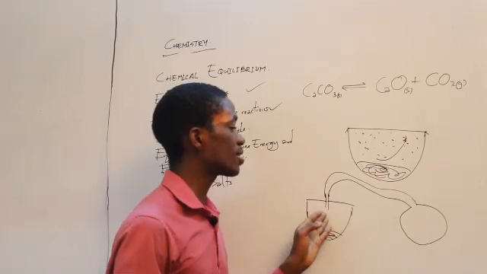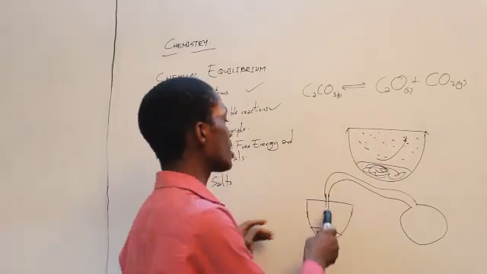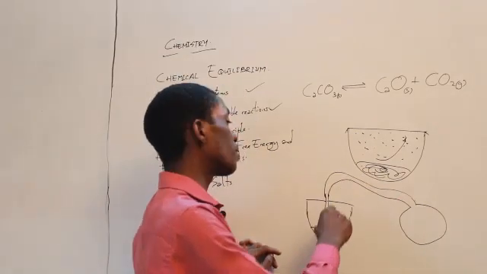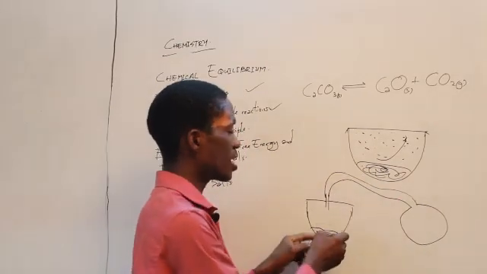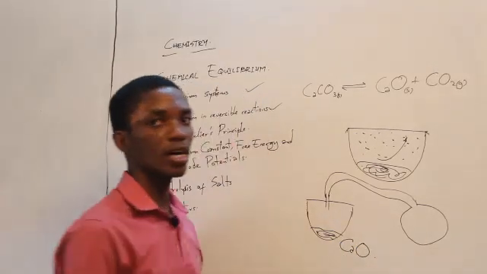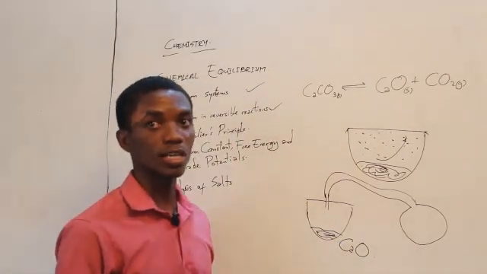But in this particular system, which is an open system, the gas is escaping out of the components. So the product that will be left here would be calcium oxide.